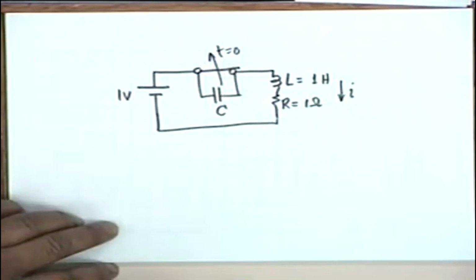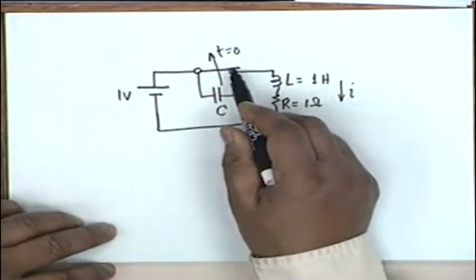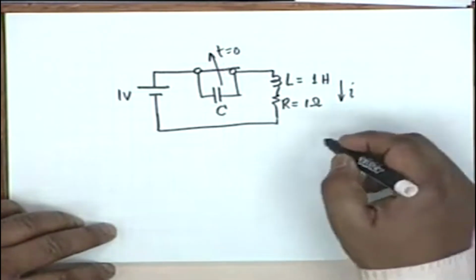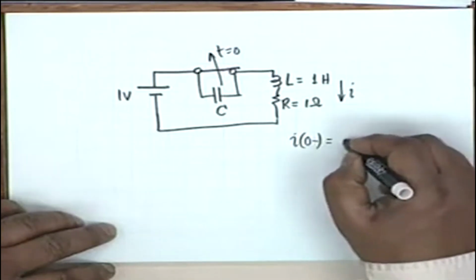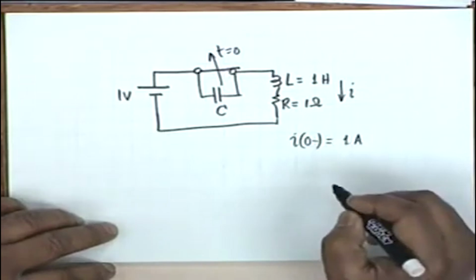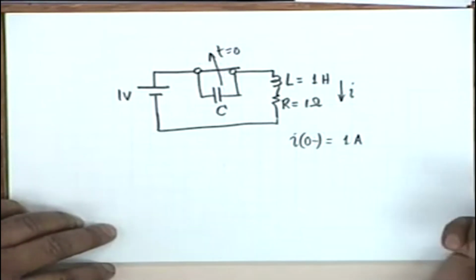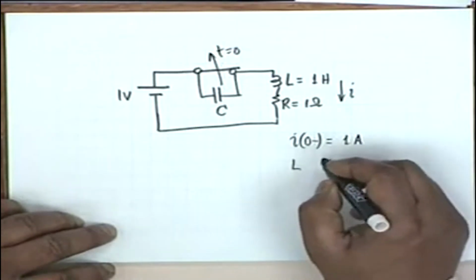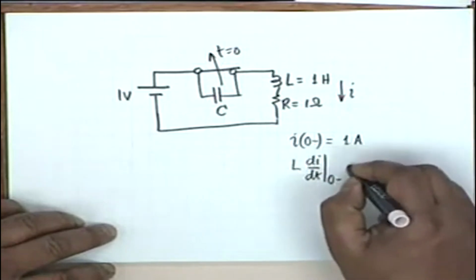You see, for t less than 0, when the switch is there, obviously the current shall be established, I of 0 minus shall be equal to 1 ampere, and what is L di/dt at 0 minus?